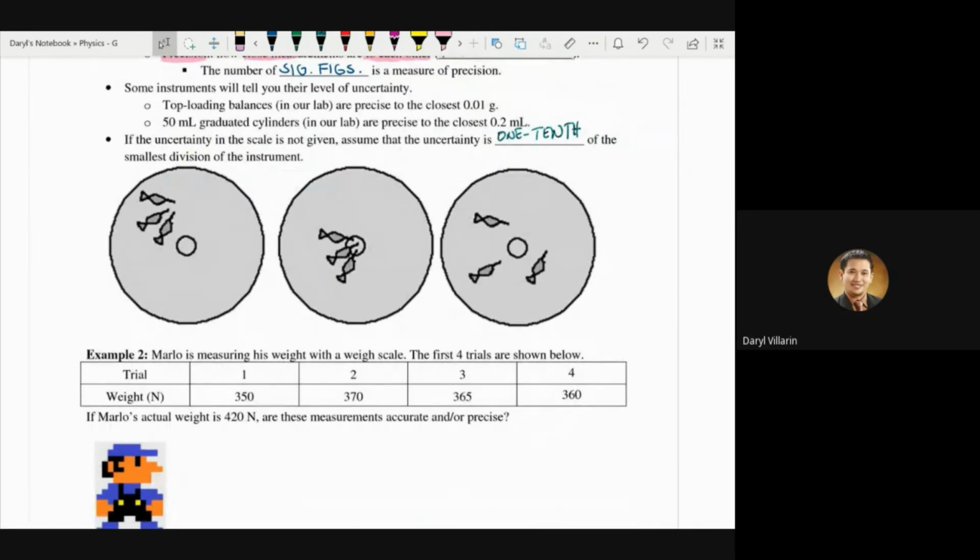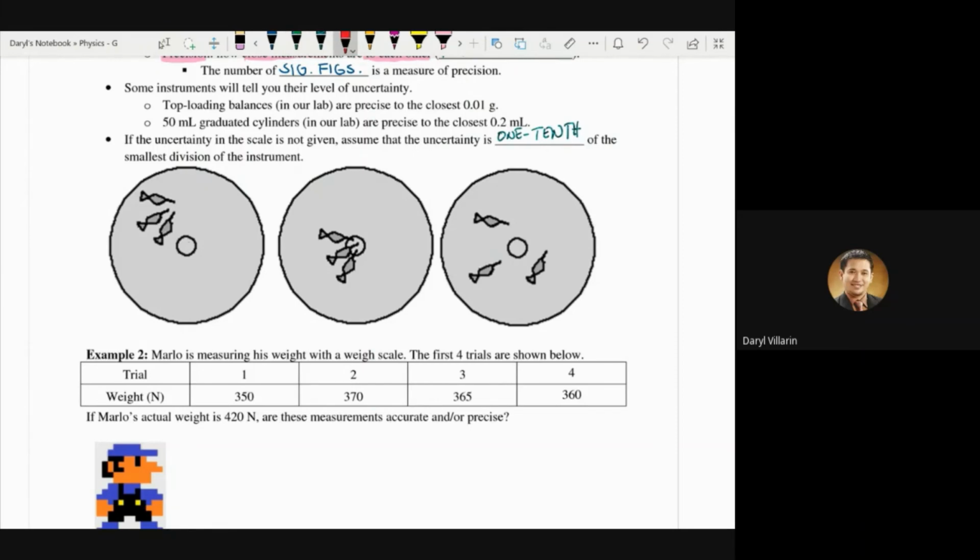So this is just a diagram showing what is precision and accuracy. In this particular case, remember that when we are trying to shoot something, we want the bull's eye.